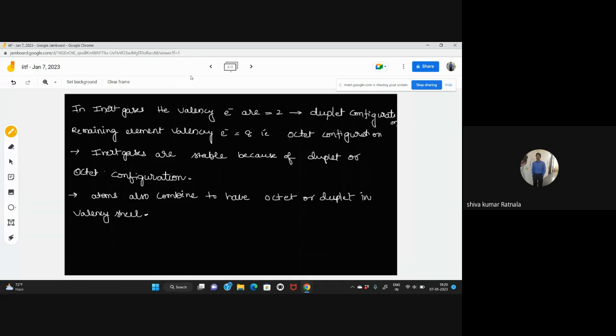That means they are stable enough. So by taking this as a reference, they say that atoms combine only to have 8 electrons or duplet configuration in the valence shell. If 8 electrons or duplet configuration is there in the valence shell, then the atom is stable. They are just doing a comparison.